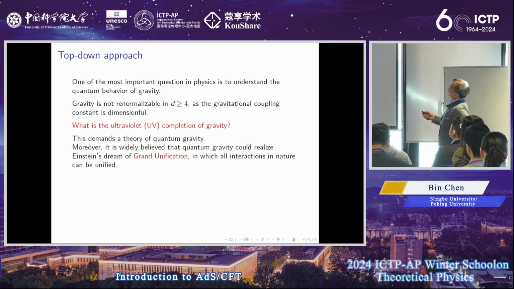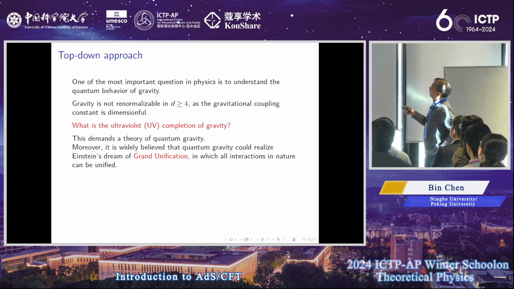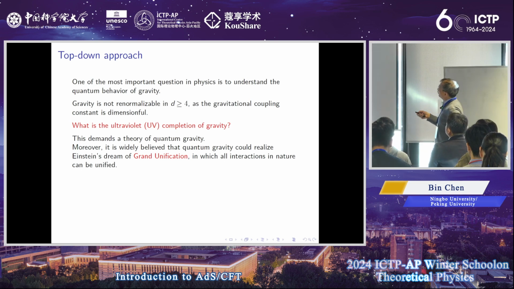But if we try to study the quantum effect of gravity in the traditional way, like in gauge field theory or quantum field theory, you will get into trouble, because gravity is not renormalizable if the spacetime dimension is greater than 4, as the gravitational coupling constant has dimension.